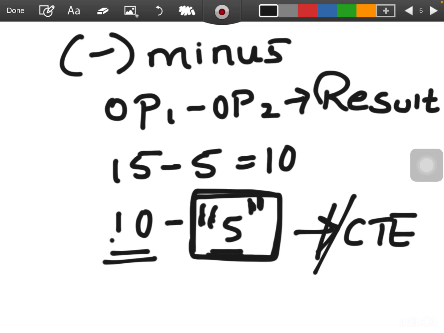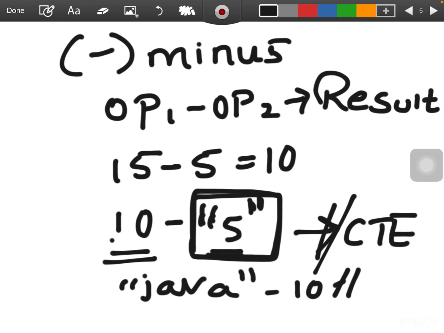Even if we perform Java minus number 10, we will get a compile time error, because for performing subtraction, the two operands should be the same data type, or auto widening takes place. Only these two conditions will be satisfied.